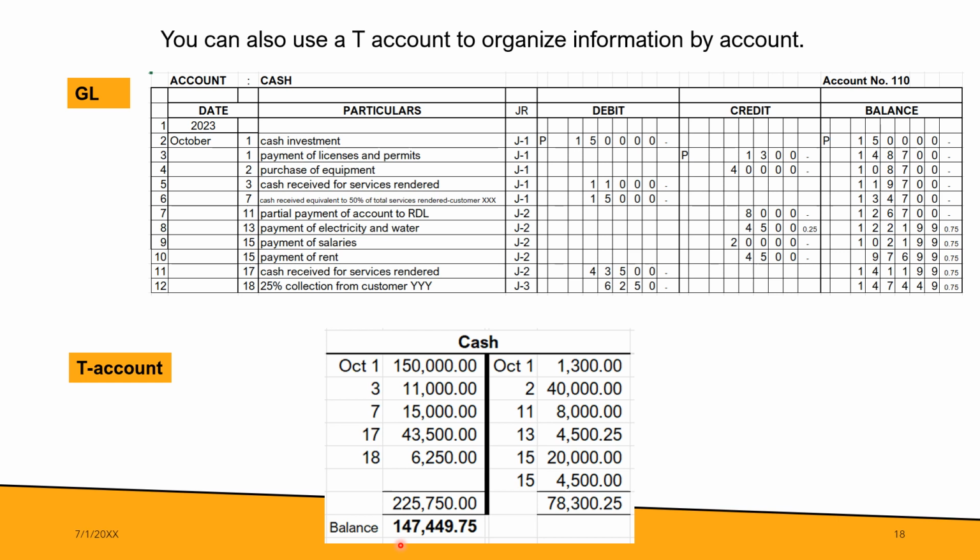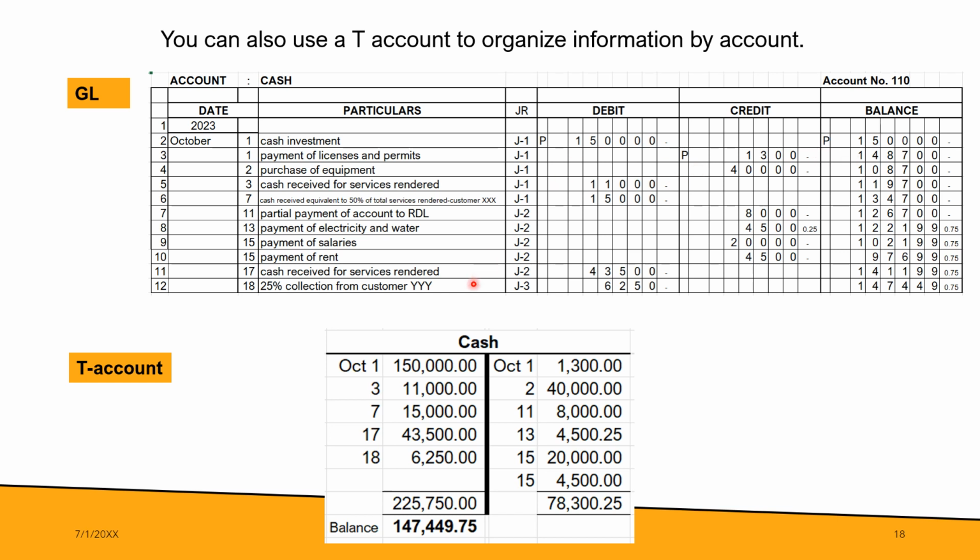That's 225,750 minus 78,300.25. Your ending balance is 147,449.75. In our general ledger, you don't have to get the total debit and the total credit because every time there is a transaction affecting cash, you always get the running balance.